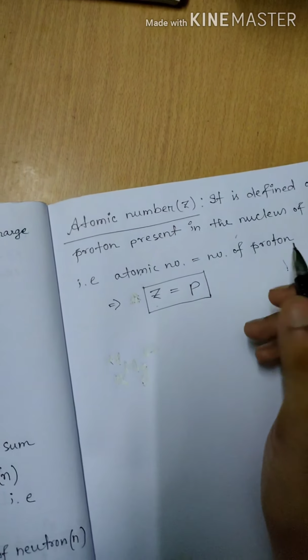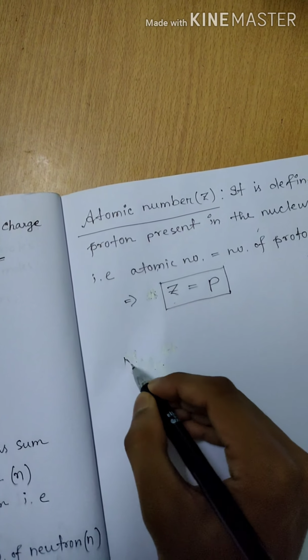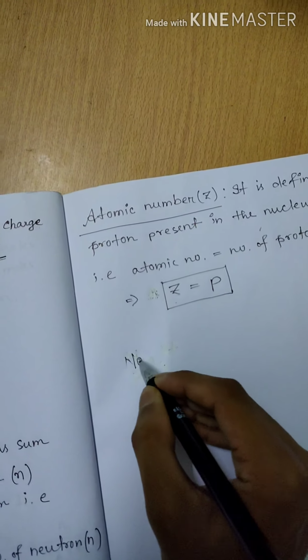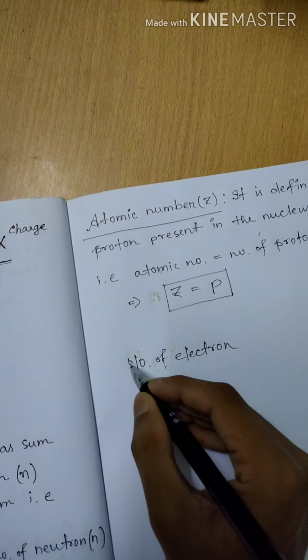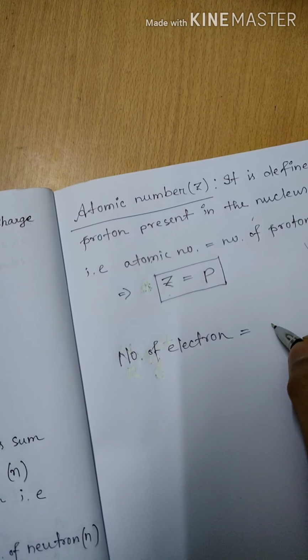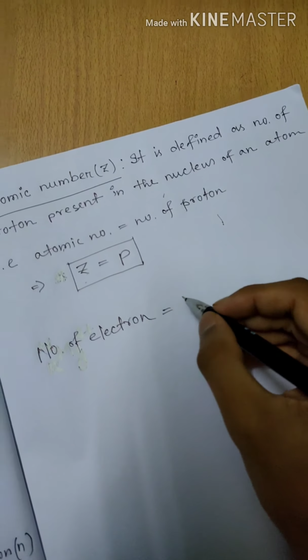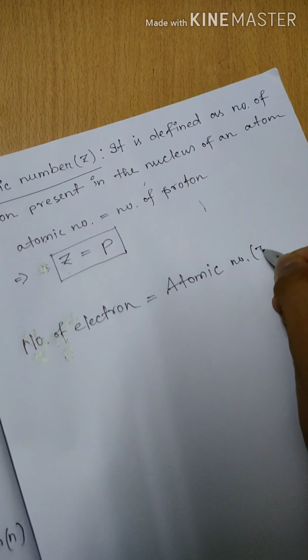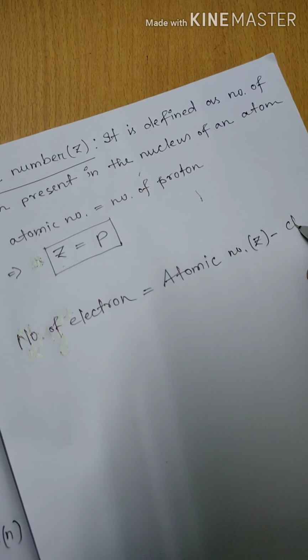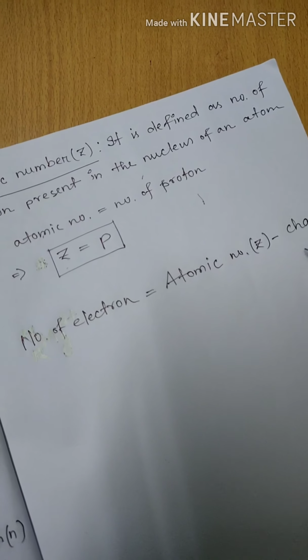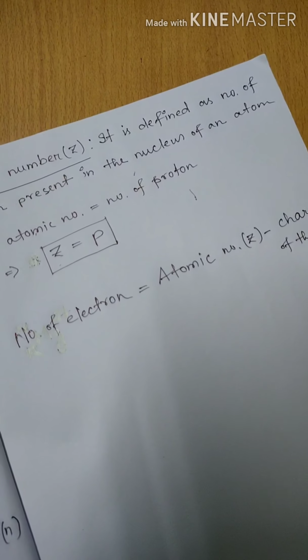The formula for the number of electrons in any atom is atomic number Z minus the charge of the atom.